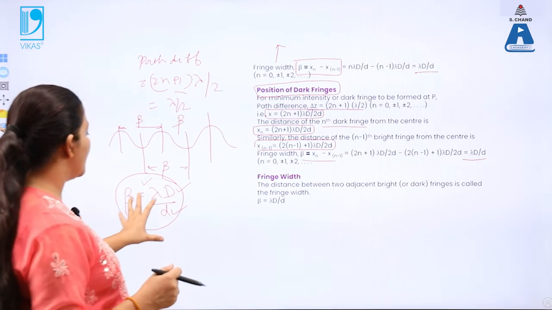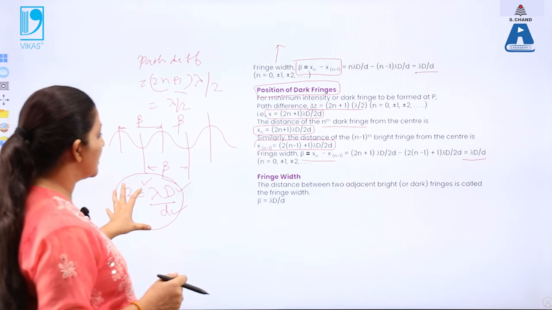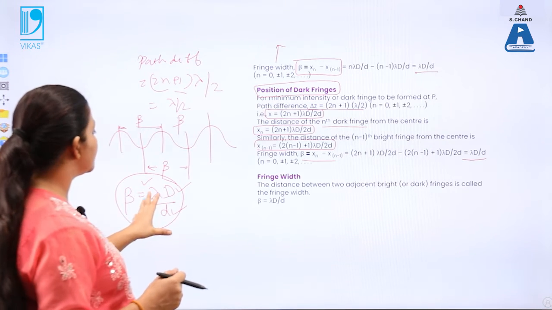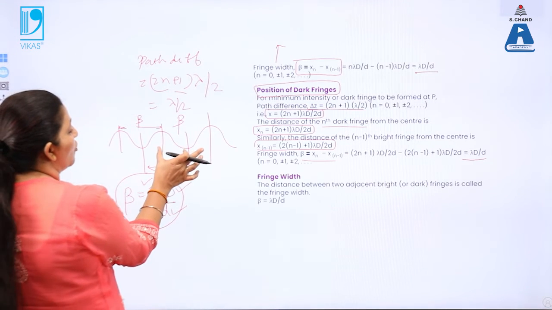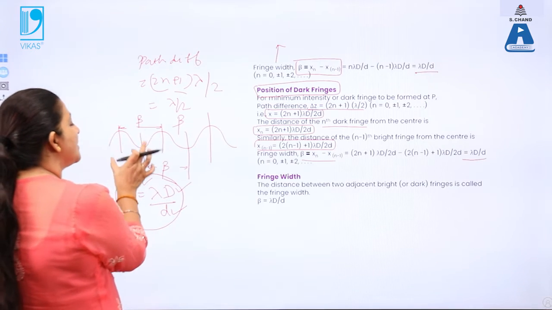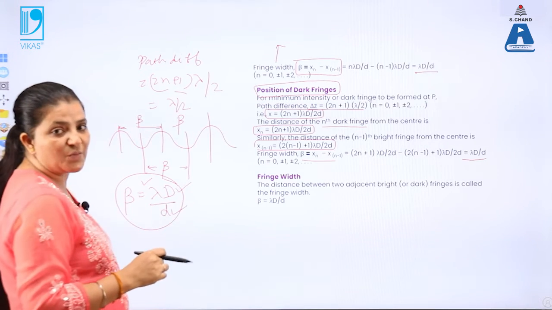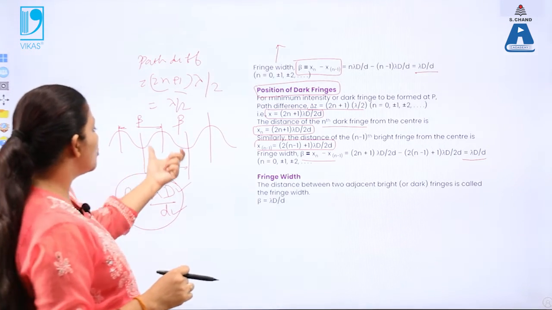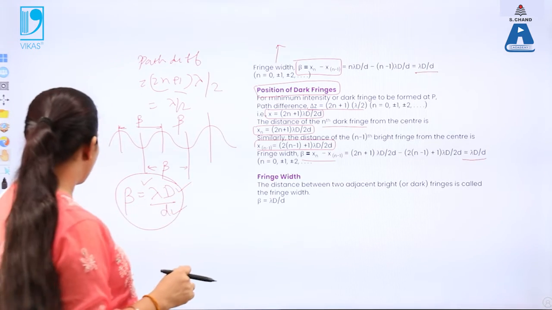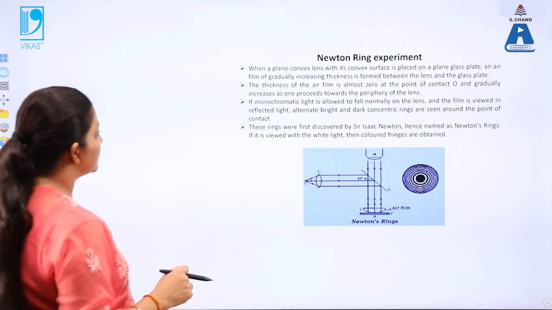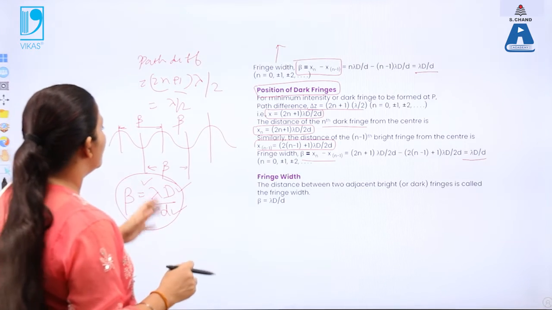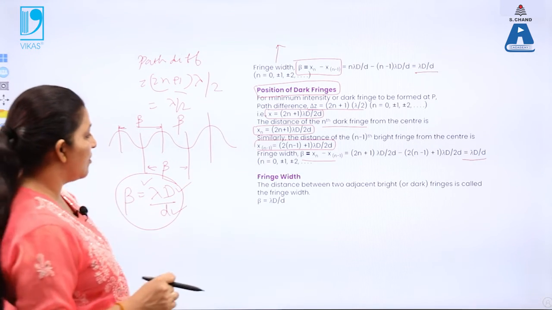All the parameters are fixed in this case, so the fringe width is fixed. You can take any two consecutive maxima or any two consecutive minima in the interference pattern, and the separation will remain constant always.